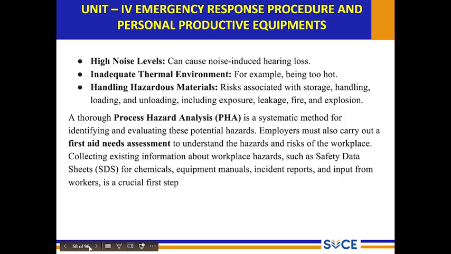The employer must also carry out assessments to understand the hazard and the risk at the workplaces, collecting existing information about the workplace hazards, such as the safety data sheet. Yes, that data sheet very clearly gives us the information about each and every chemical. For equipment, the equipment manual is also very, very important. The equipment manual very clearly says how to operate or how to go about it. Then incident reports. When something untoward happens, we have to report it as an incident.